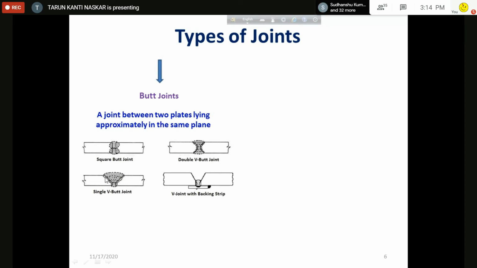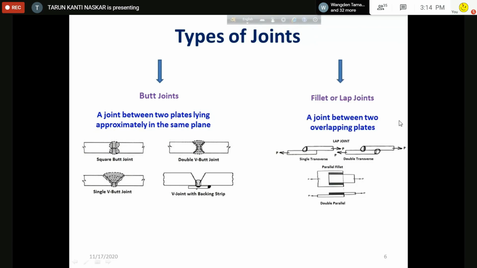Now a V type of formation, single V. Now V from both ends, so double V. It is also a V joint, but with a backing strip so that molten material cannot go down, and this plate is also welded here. So V joint with backing strip. This is the backing strip.